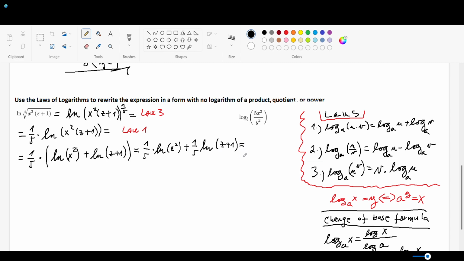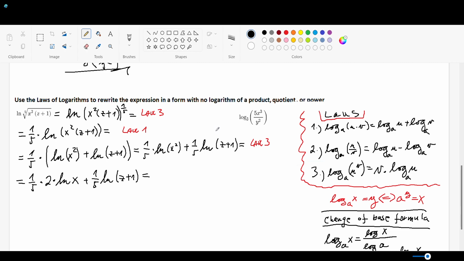It is equal to, now we will simplify this expression. We will use law number 3. So it is going to be 1 over 5 times 2 times the natural logarithm of x plus 1 over 5 times the natural logarithm of z plus 1, which is equal to, what can we do now?